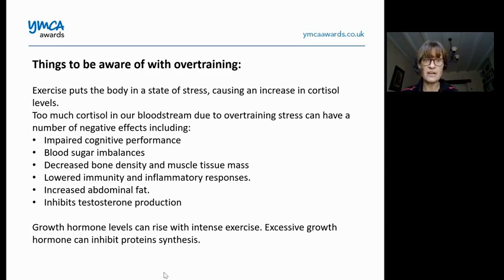So this is specifically to do with the effects of cortisol if we're overtraining and overstressing the body. And then finally, looking at the growth hormone levels, which I'd said can rise with intense exercise, just be aware that excessive growth hormone can actually inhibit protein synthesis.